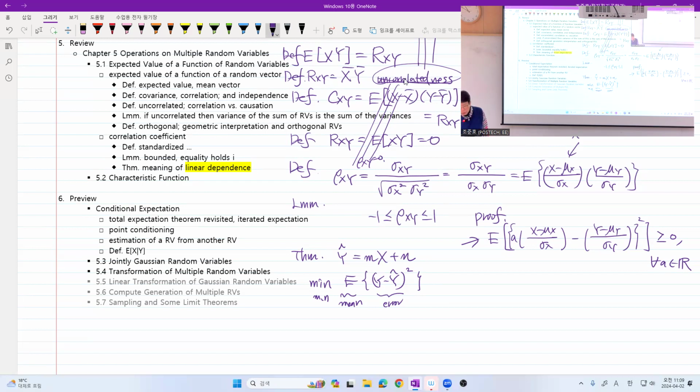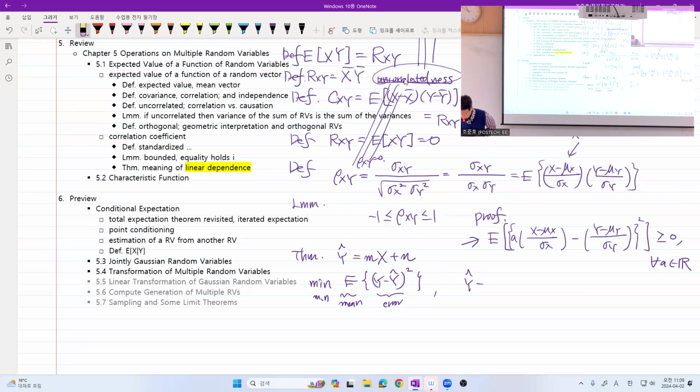That is the question. The best affine approximation of a random variable Y in terms of X is simply related to this inequality.